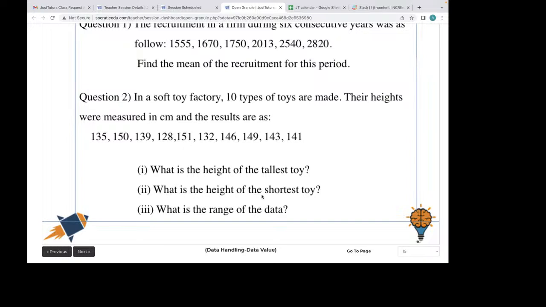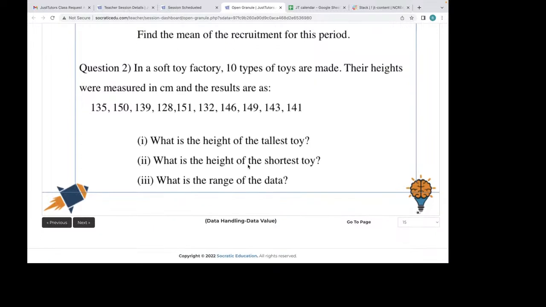And now what is the height of the shortest toy? The shortest toy is 132.